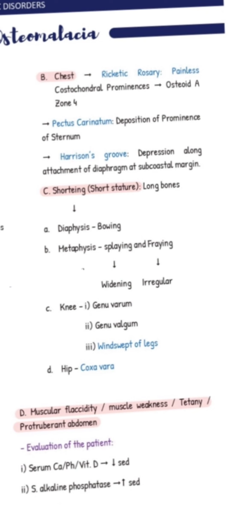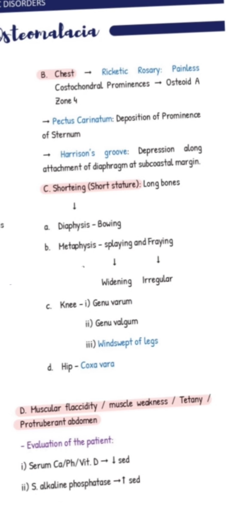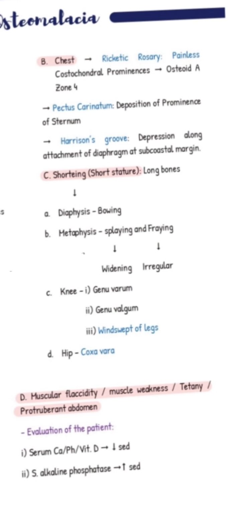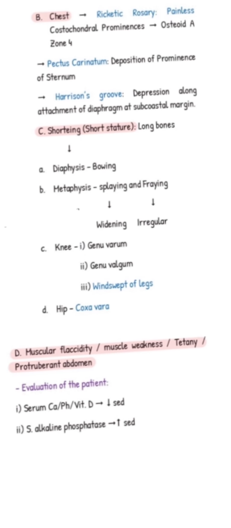Shortening, short stature, long bone diaphysis bowing, metaphysis splaying and fraying. Because of that you will see widening and irregular metaphysis. In knee you can see genu varum, valgum, windswept leg. In hip you can see coxa vara. Muscular flaccidity, muscle weakness, tetany can occur, protuberant abdomen.